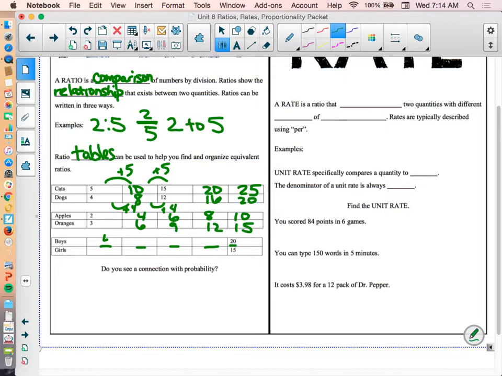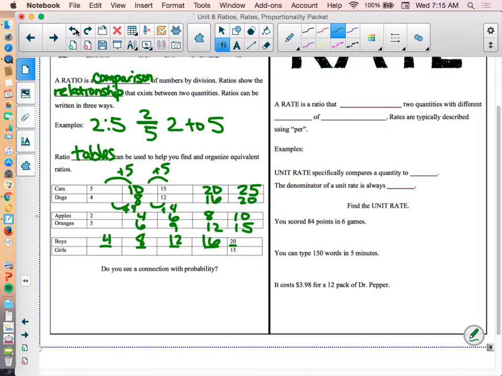If I went by this one being 4, 8, 12, and 16, you can see that it works. If we had tried going instead by 4s, then it wouldn't have worked. This would have been 20. I'm sorry, going by 5s. Ooh, I'm making mistakes this morning. My apologies. If I went by 5s, we would see that it wouldn't work. We'd have this extra space here. So you definitely want to be careful that the relationship works, and it's a little trickier to start at the end, but you can still do it.